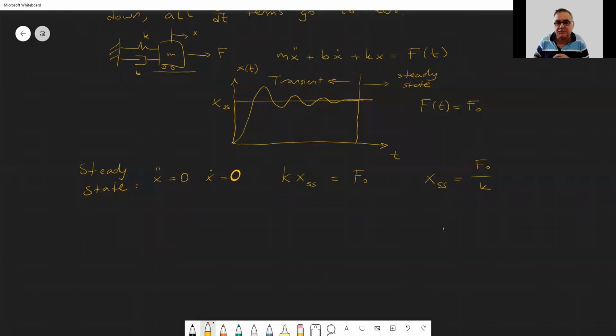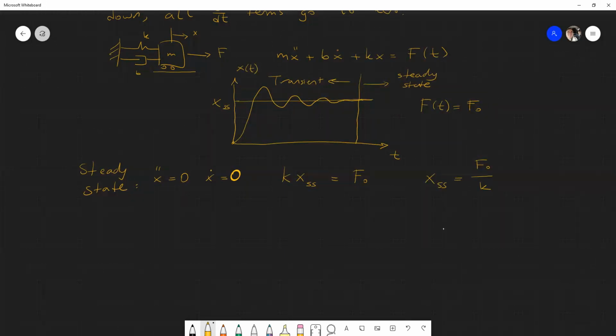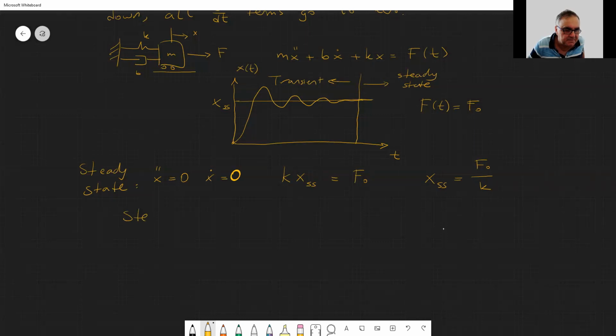But what is the gain of this system? What is the steady state gain? When we say the steady state gain, we mean the following. Output, let's say, over input at steady state is equal to the steady state gain.